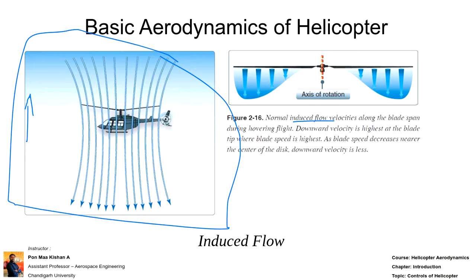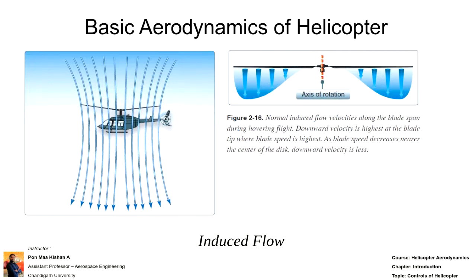Okay, so the induced flow velocity, if you see the right side image, right? On the right side image, we need to understand along the span length. So this is our total span of one rotor, right? Throughout the span, how the induced flow is going to have its effect.